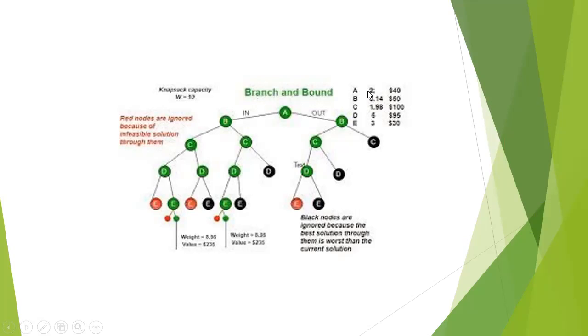For destination A, you have to reach 2 kilometers away, or maybe some other things, at cost $40. B costs $50, C costs $100, D costs $95, and E costs $30. So the relevant time or weight is given.